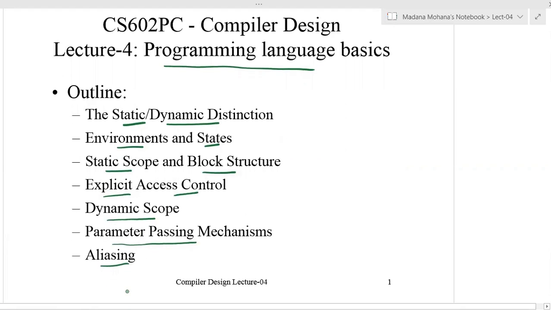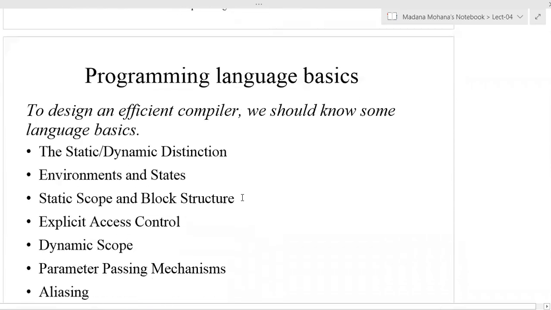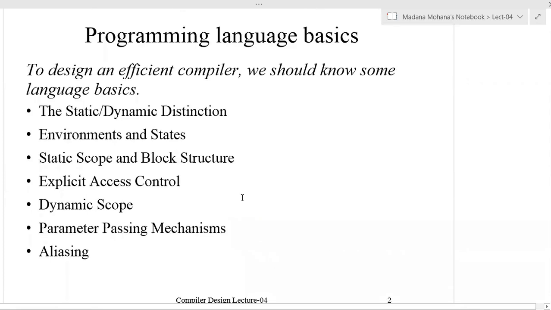Whenever you are studying programming languages, you should be aware of these concepts, so here we will briefly review all of them. To design an efficient compiler, we should know some language basics, whatever the outline we mentioned.